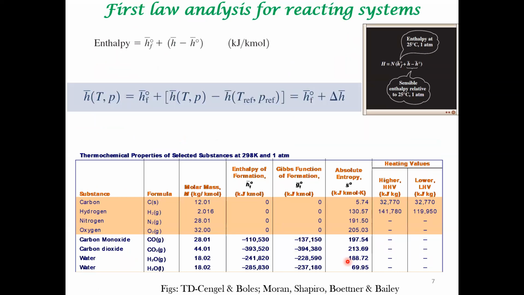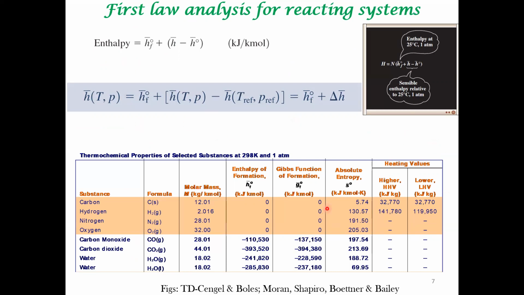As I said, most of the time we are not using the reactants and products in the standard state. They may not be available at 25 degrees centigrade and 1 atmospheric pressure. In that case, you specify enthalpy in a different manner.